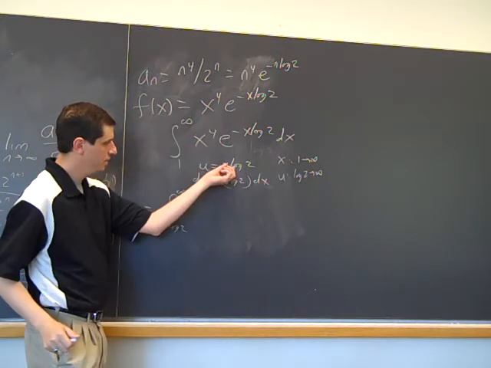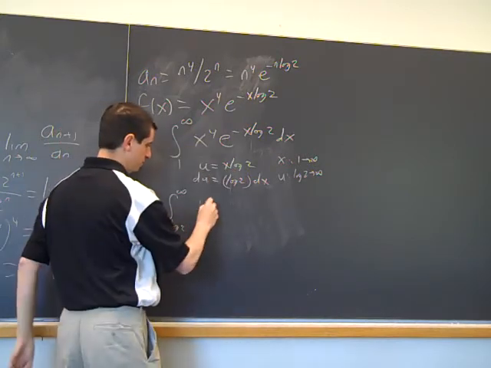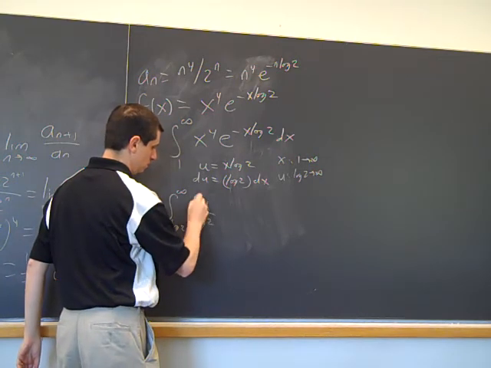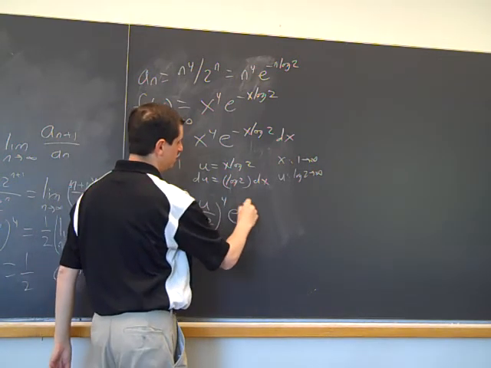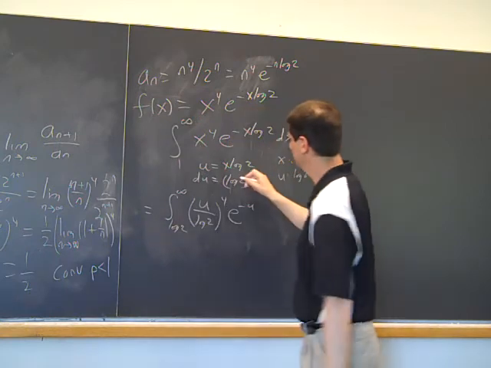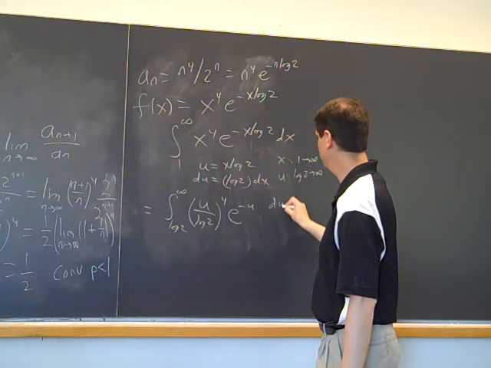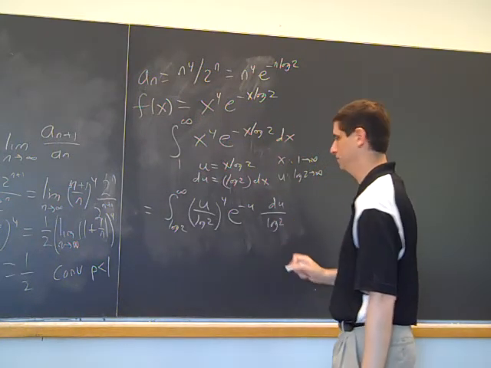x to the fourth becomes u over log 2, to the fourth. e to the minus u, dx is going to become du over log of 2.